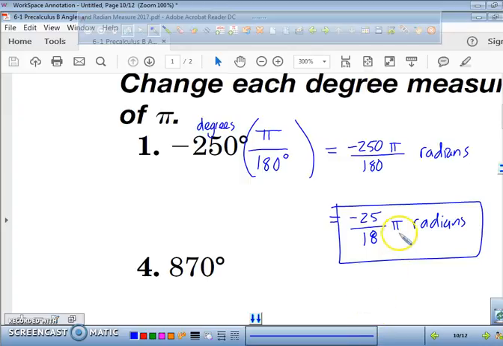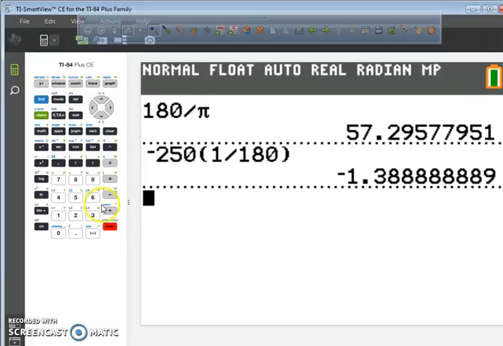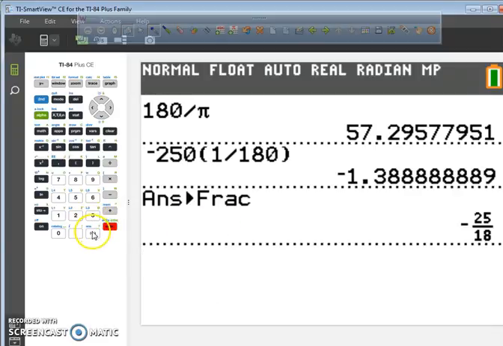Now my suggestion is don't put the pi in the calculator, otherwise you're going to get an approximate value. Here's what I want you to do in the calculator. You just take negative 250, multiply it by 1 divided by 180. Or you could say negative 250, and I'm going to divide that by 180.